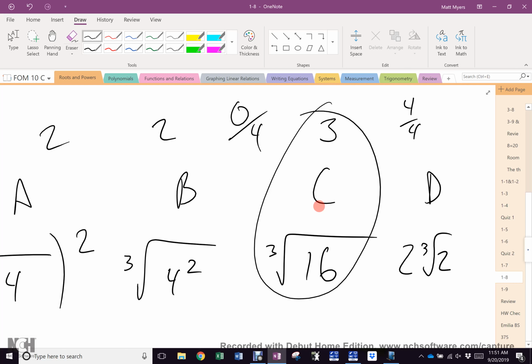Now, the problem with it is when I mark your test, you show me all this work, right? And I just circle that and put a little question mark. You're like, what do I need to do there? You picking up what I'm putting down? Because it's all right. You're like, what would I change? That's the right answer. And that's when you got to ask me, hey, why didn't I get the 4 here? Which you will also see when we do a test the next day, because I mark it the day you write it.